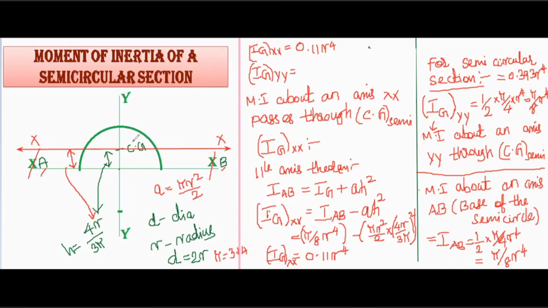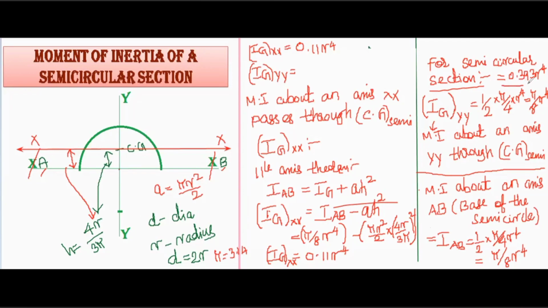Same way, the IAB, not only the moment of inertia with respect to the YY axis that passes through the center of gravity, but the moment of inertia about an axis AB, that means which passes through the base, that is also pi by 8 r power 4.